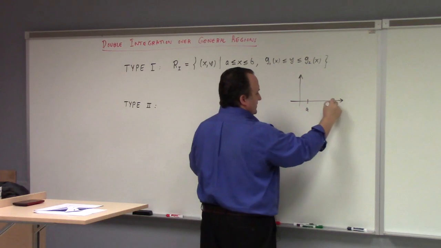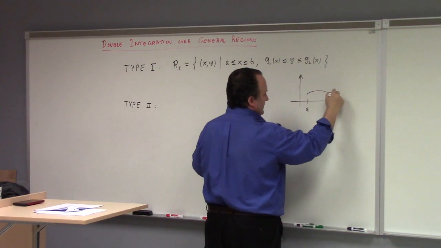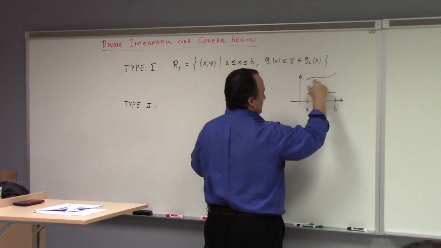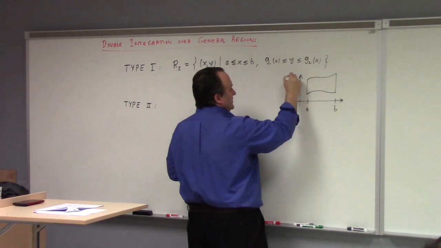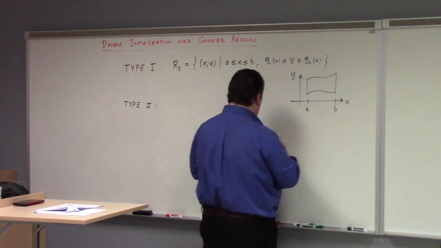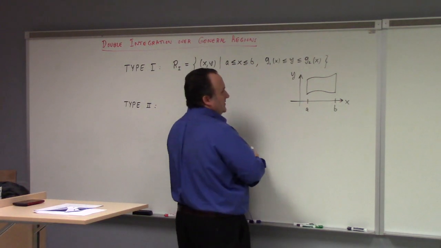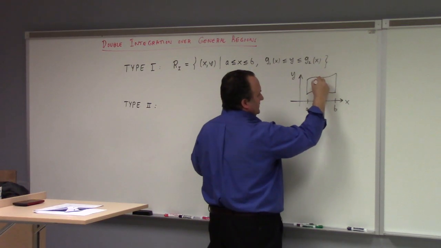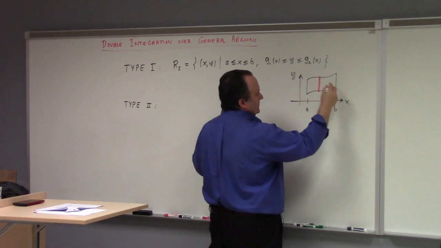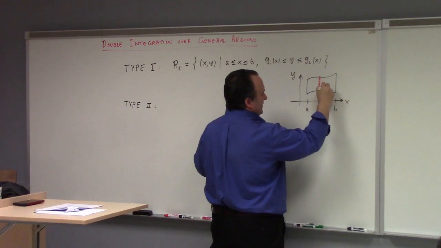Here's a, here's b. There's a clearly defined bottom, there's a clearly defined top. So, in short, if you draw a little vertical rectangle in here, you can always fit that in.